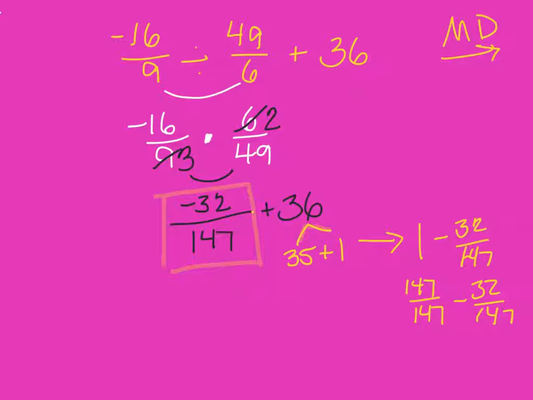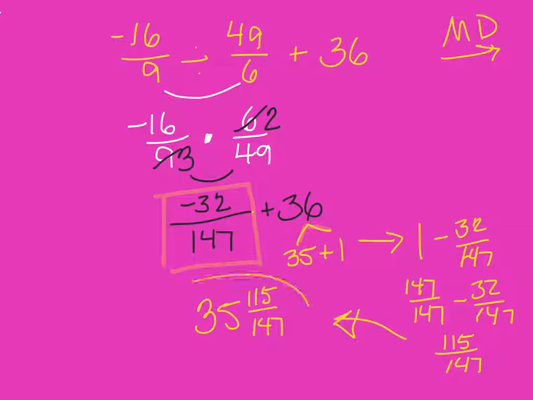I'm going to ignore the 100 for a moment. 47 minus 30 is 17. 17 minus 2 more is 15, so that's going to give me 115 over 147. Come right back over here. So my final answer is going to be 35 and 115 over 147. I know that's really a funny looking fraction, but that is in fact the answer.